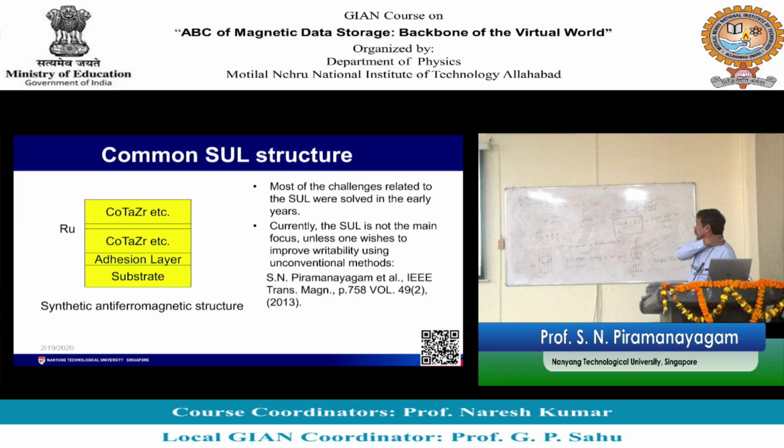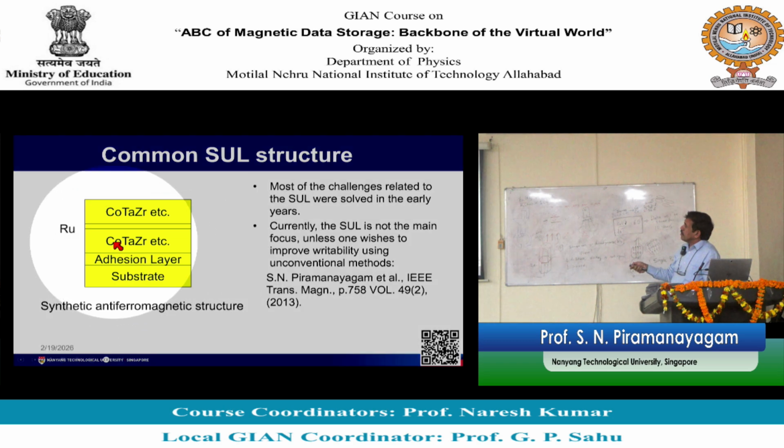If you want to know what materials are used in the soft underlayer, typically they are alloys of cobalt. You add tantalum, zirconium to cobalt, then you get a soft magnetic material. Okay. So, the 3 layer structure is one soft underlayer, one thin ruthenium, then another soft underlayer.